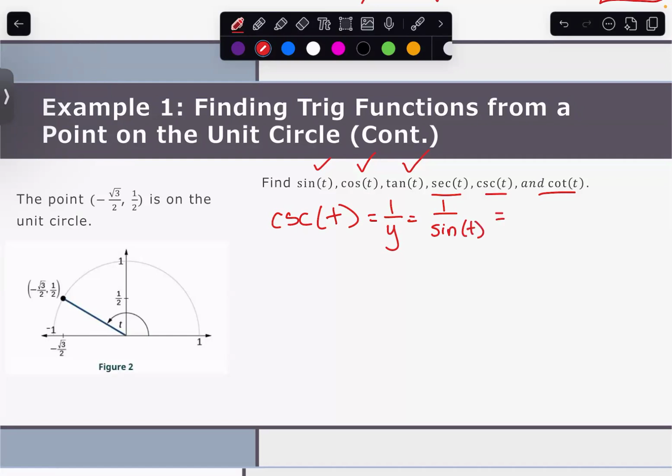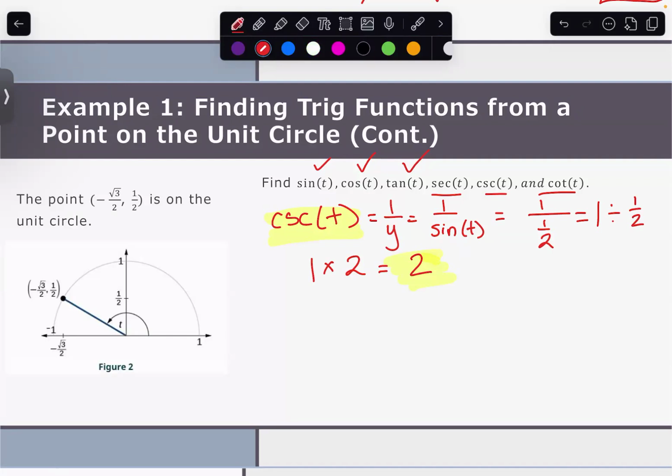So we know that sine was originally 1/2. So now we just need to divide 1 by 1/2. So we'll have 1 times 2, which comes out to 2. So cosecant of this angle will be 2.